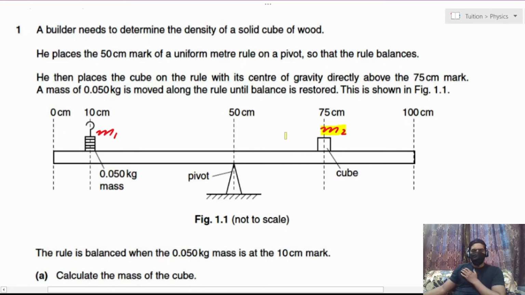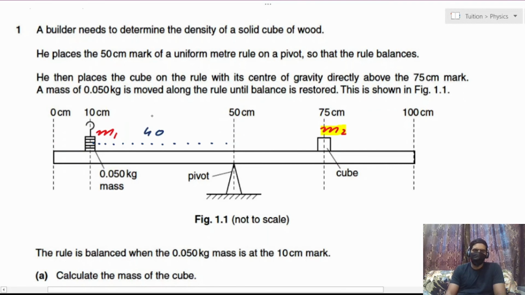All right, and pretty much everything is given. So M1 is given as 0.050 kilograms, and the distance between that mass and the axis of rotation, or the pivot, starts from 10 and ends at 50, so the distance between these two would be 40 centimeters.